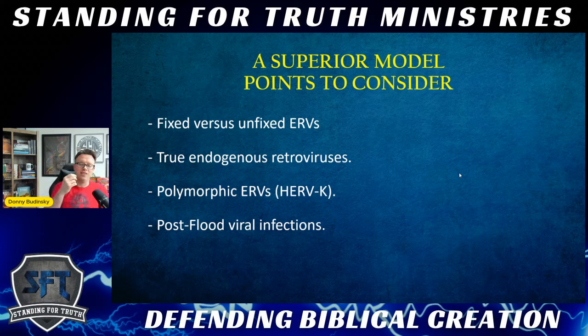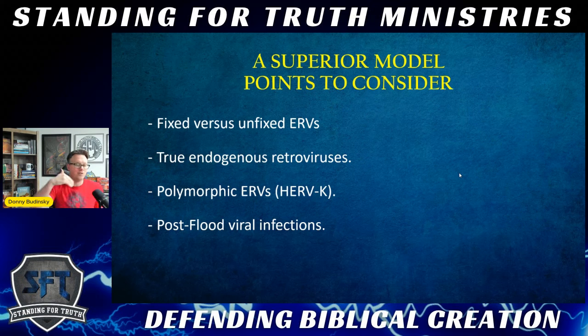Okay, and I understand this is complicated, this is technical, but this is where we move from demolishing ERVs as evidence for evolution and again move into the superior model, because it's not only about refuting evidence for evolution, it is about model building. Model building is important. The last point here, post-flood viral infections.